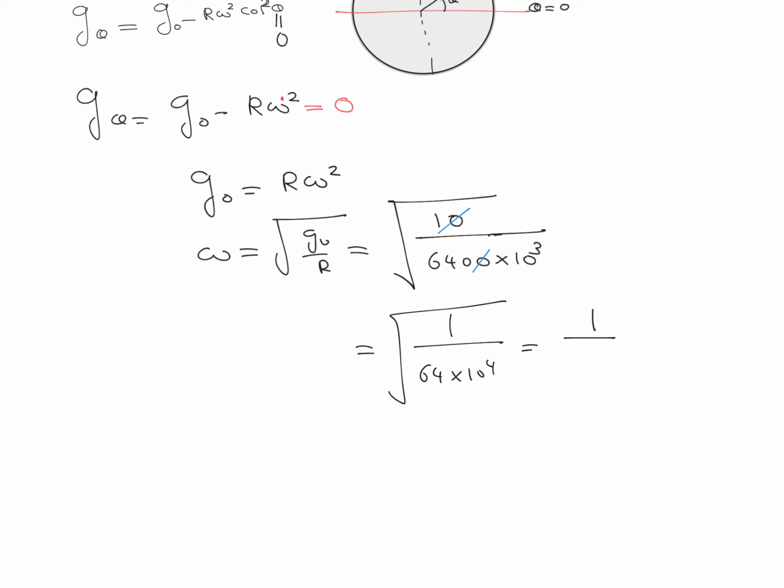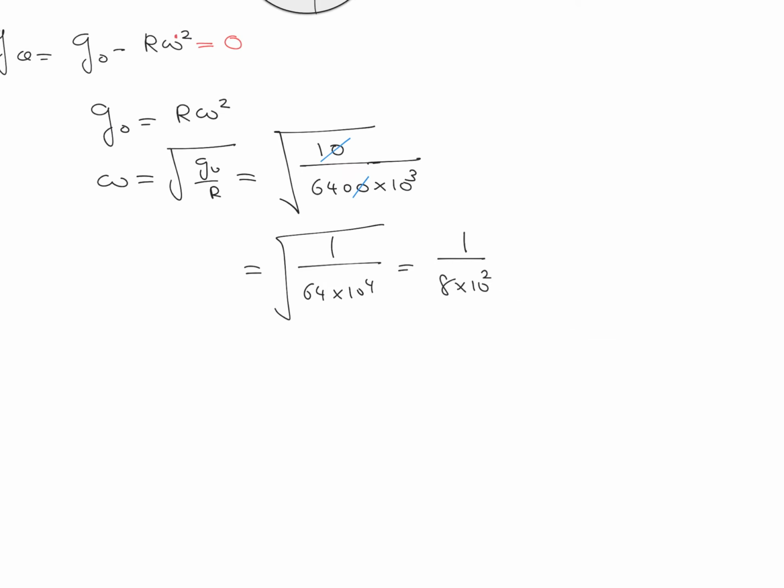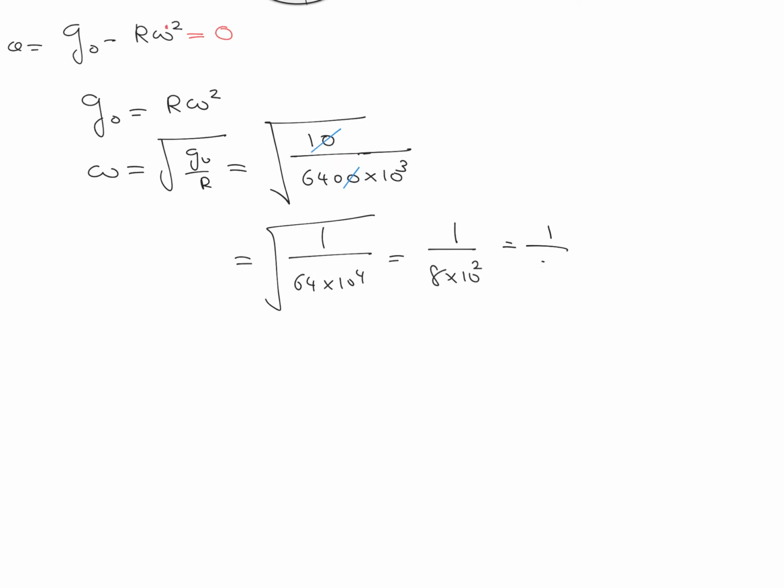So root of 1 we can take as 1, root of 64 we can take as 8, into 10 raised to 2. Or you can write the value of omega dash, the current value of angular velocity, is nothing but 1 divided by 800.